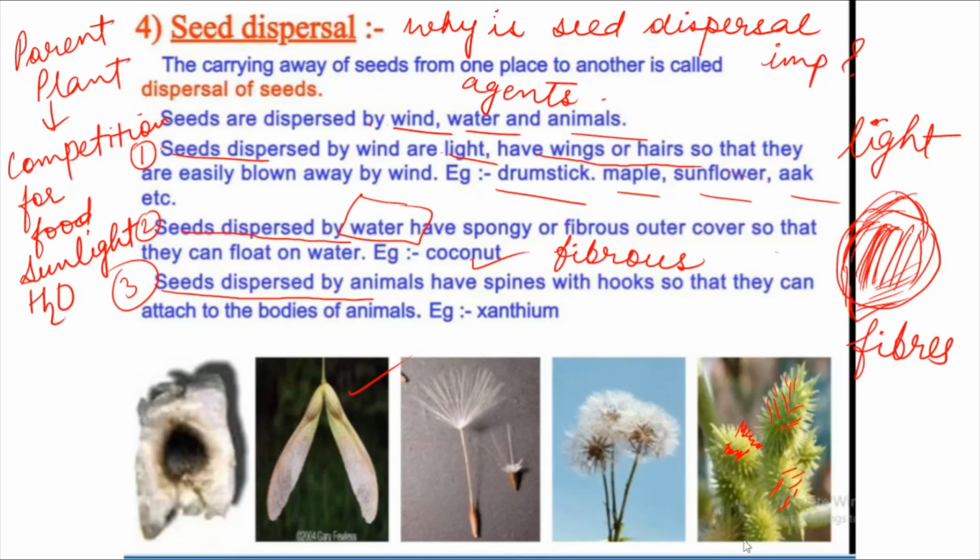You can see so many spines on the body of this plant. So why so? This is because when animals come in contact with these, they can easily stick to the body of the animal and get carried away or dispersed from one place to another. So the example, as I said, is xanthium.